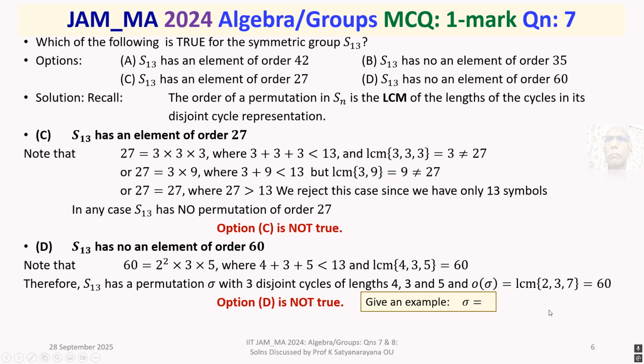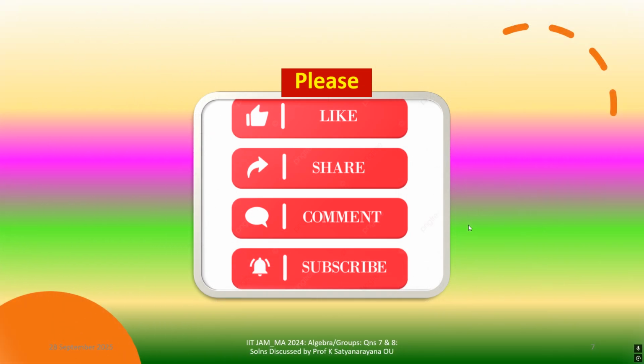So the answer to this question is option A. And that is the detailed discussion of the solution of the problem from group theory related to the order of permutations in S13. Good example. We move to the next question.